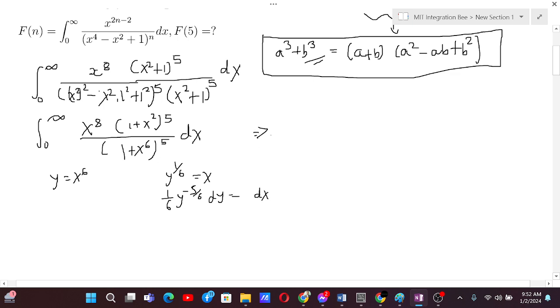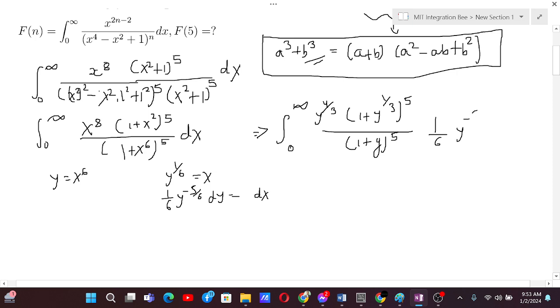Then the integral becomes, the limit will be unchanged, integral from 0 to infinity. x to the power 8 will now be y to the power 4 by 3, over 1 plus y to the power 1 by 3 to the power 5. The denominator will have 1 plus y to the power 5, and dx will be 1 by 6 y to the power minus 5 by 6 dy.